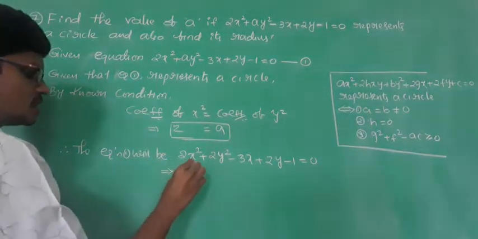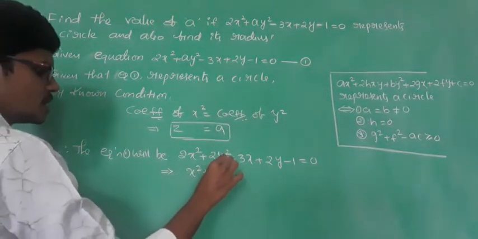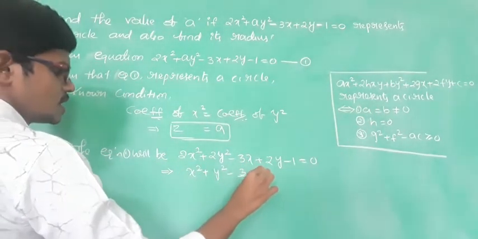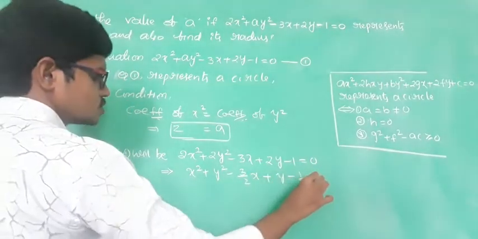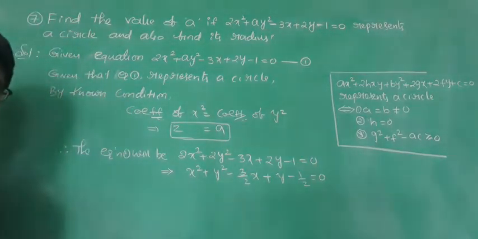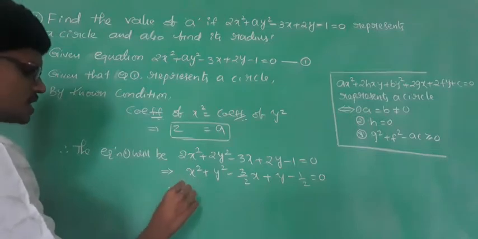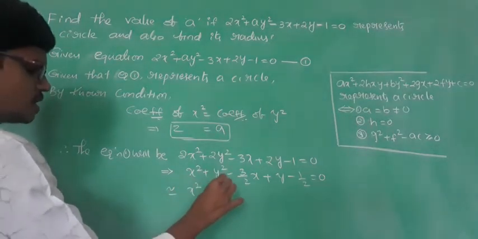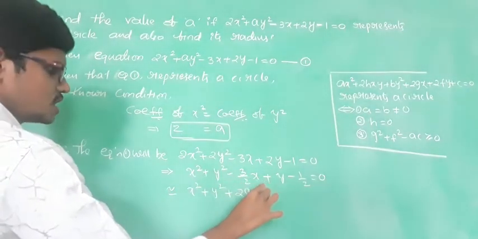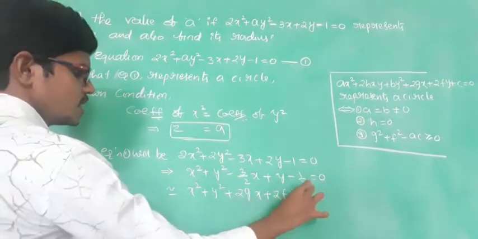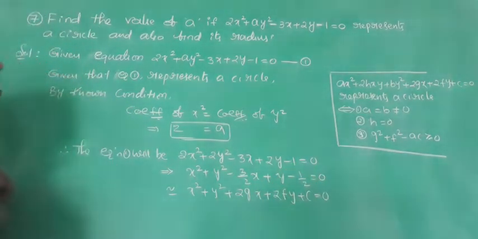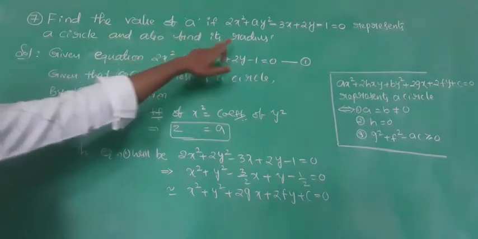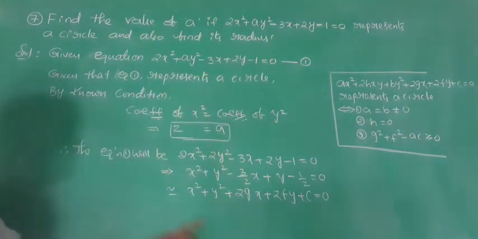As usual, divide throughout the equation by 2, we get x square plus y square minus 3 by 2 x plus y minus 1 by 2 equal to 0. Clear? Now compare this equation with x square plus y square plus 2gx plus 2fy plus c equal to 0. Also we have to find the radius, so it is necessary to find the radius.